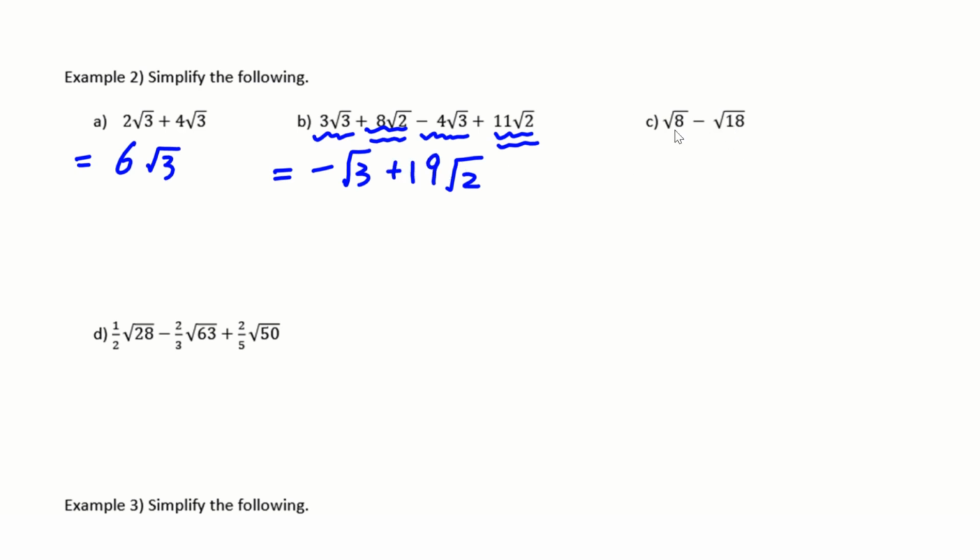So these two, you will see they are not the same radicands, but we could try to simplify each of them to have no perfect square number in it.